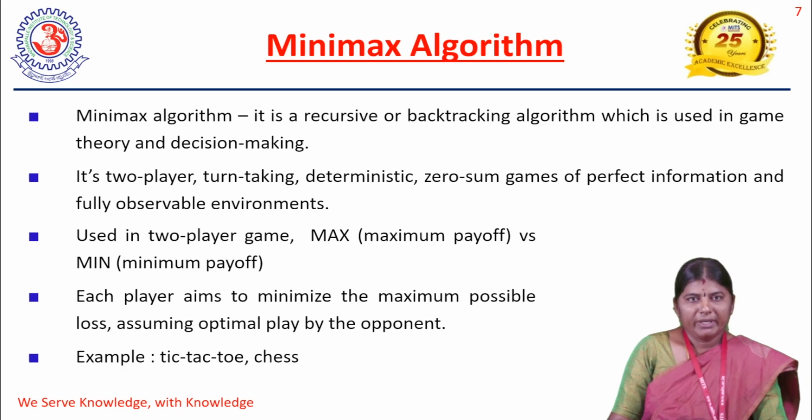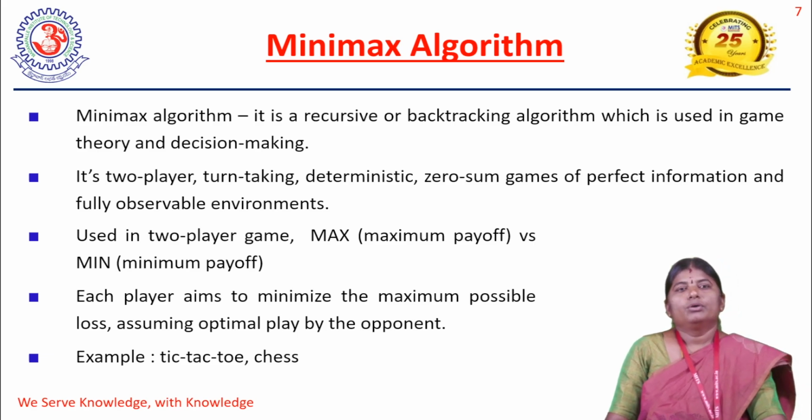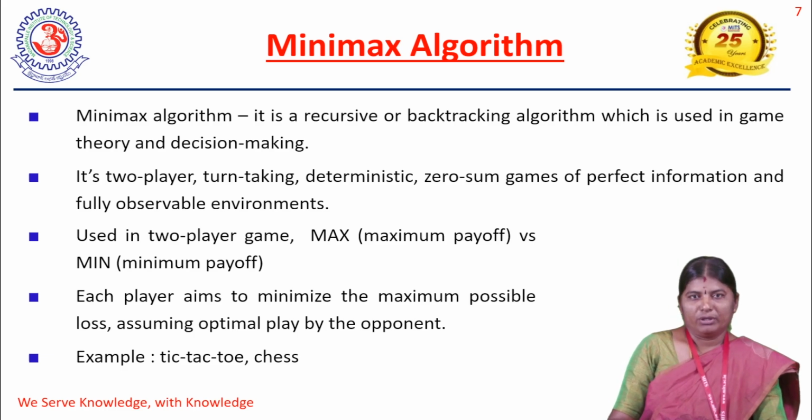So it's a two-player game, and each player takes turns alternately. This works in a particular kind of environment, especially deterministic, zero-sum games of perfect information and a fully observable environment. A deterministic environment means the future state can easily be determined from the current state.